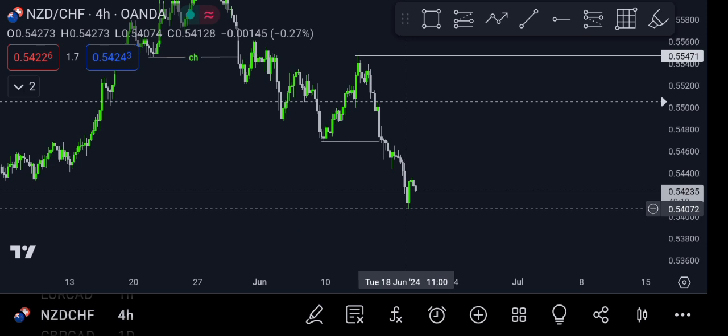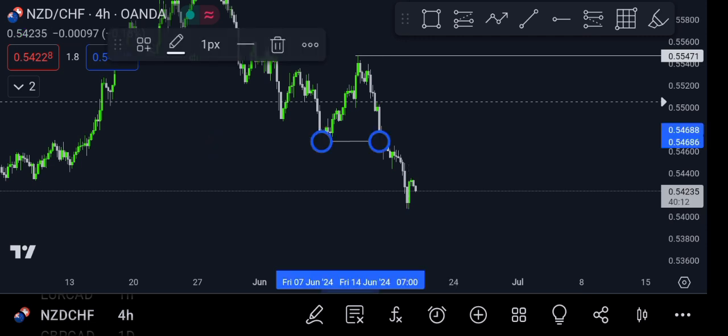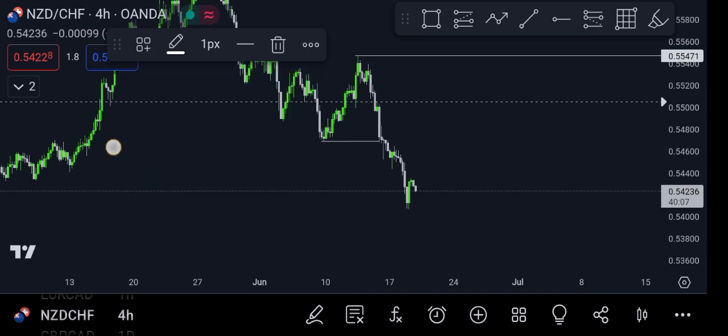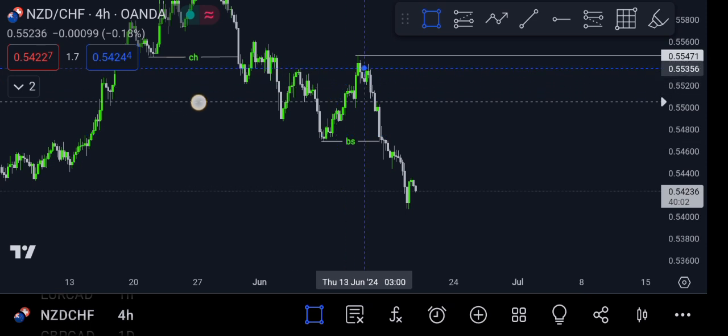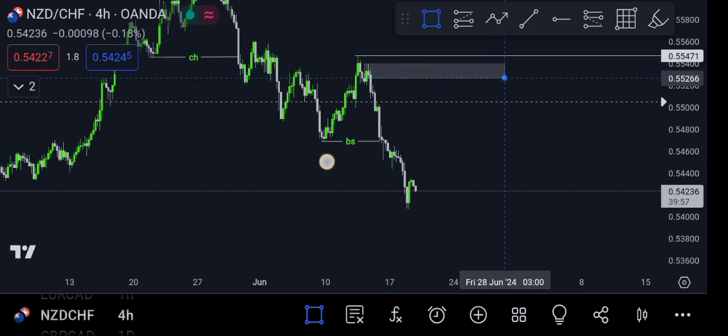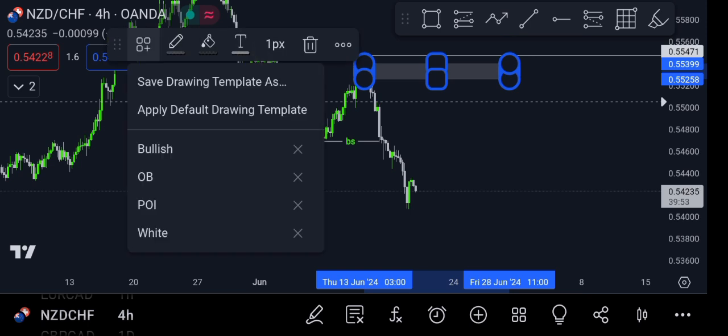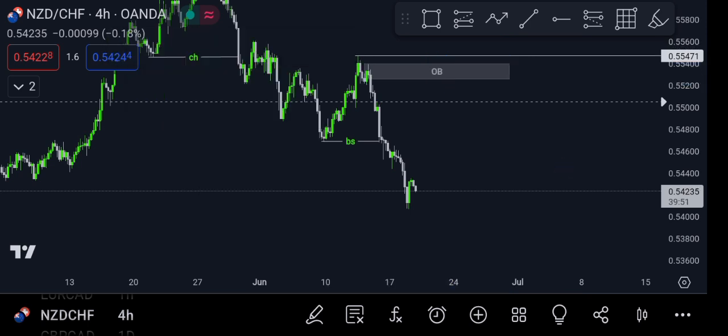I won't count this as a low yet, but this is our last swing high on the 4 hour time frame, guys. So we'll mark this as a break of structure. What I'm looking for here is for price to retrace back to this order block above here.